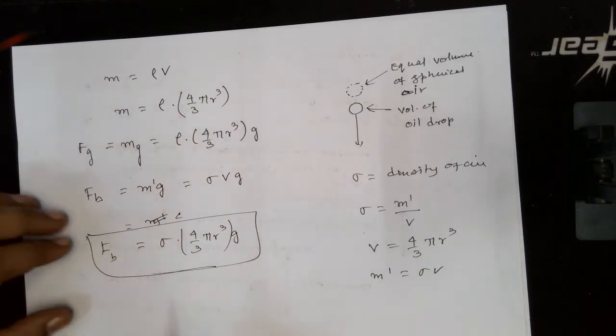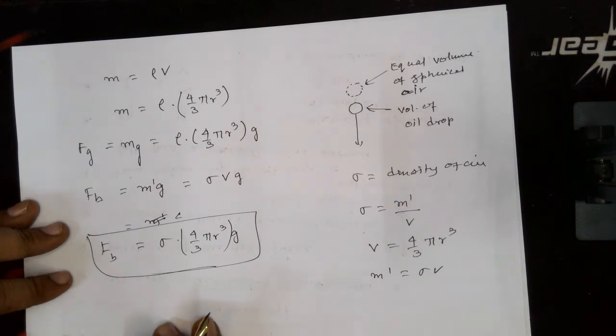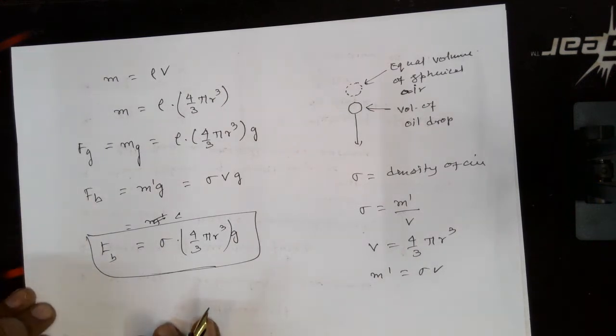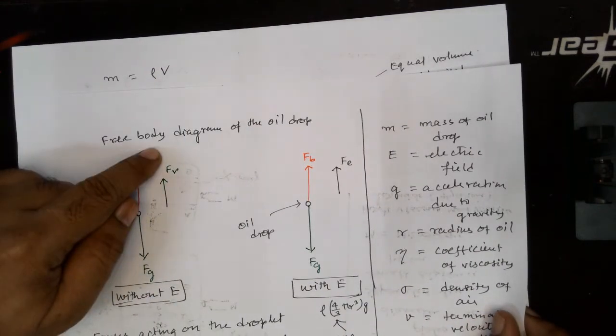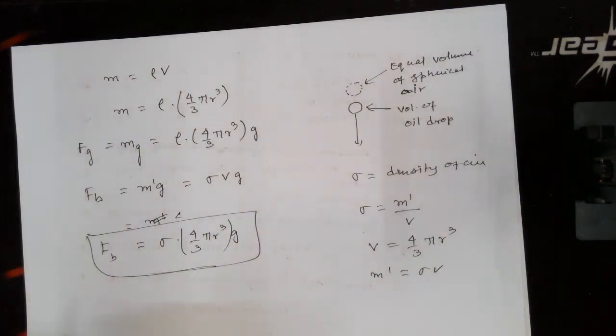Now once the oil droplet attains the terminal velocity, the net downward force acting on the oil droplet is equal to the viscous force acting in the opposite direction, as we have mentioned here. So Fv is the viscous force.